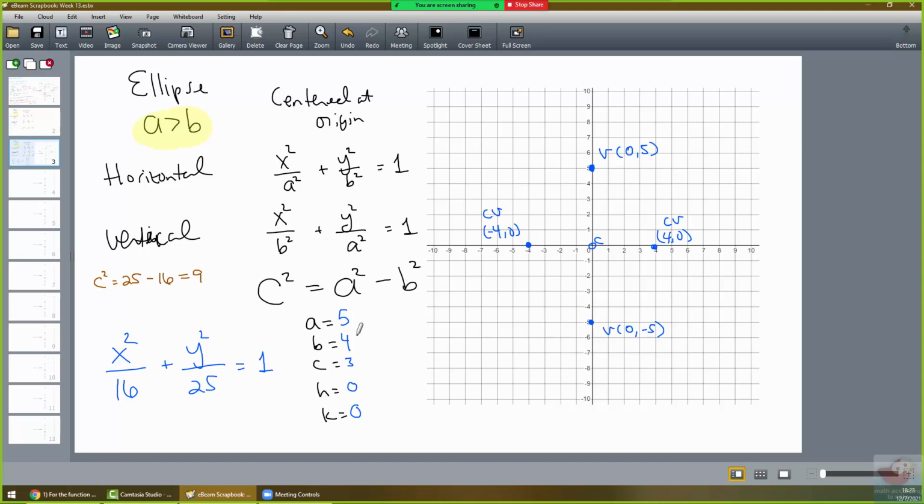Since we are vertical for our vertices, that means our foci are also vertical. So we're going to go up and down 3 units because c is 3. So if I go up 3, I get one focus at 0, 3, and down 3, I get another focus at 0, negative 3.